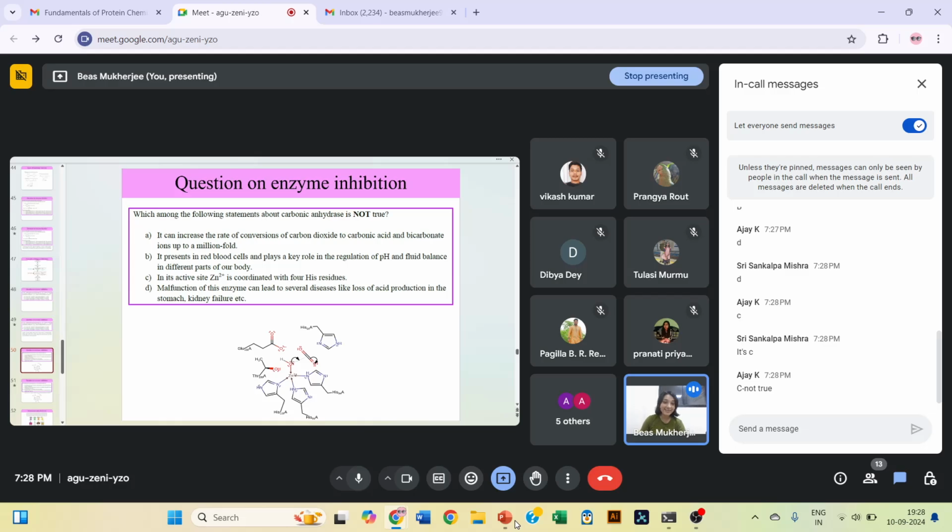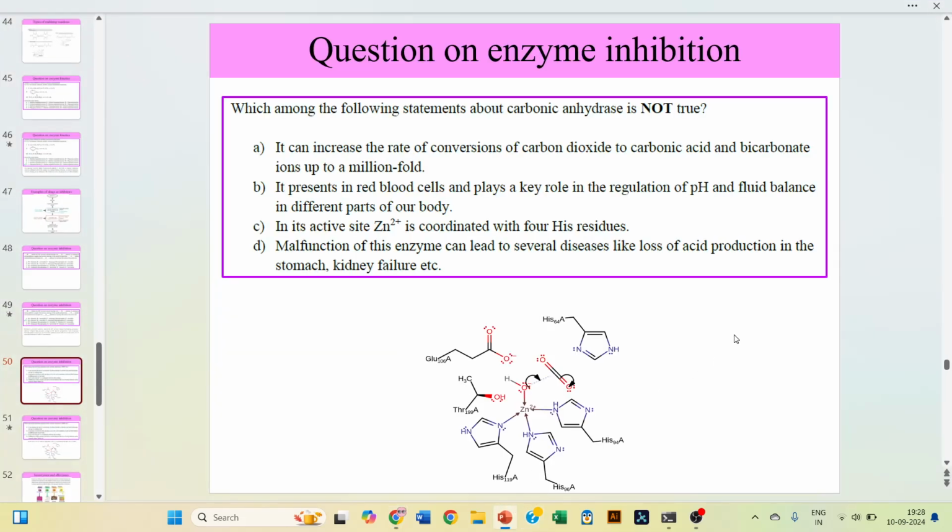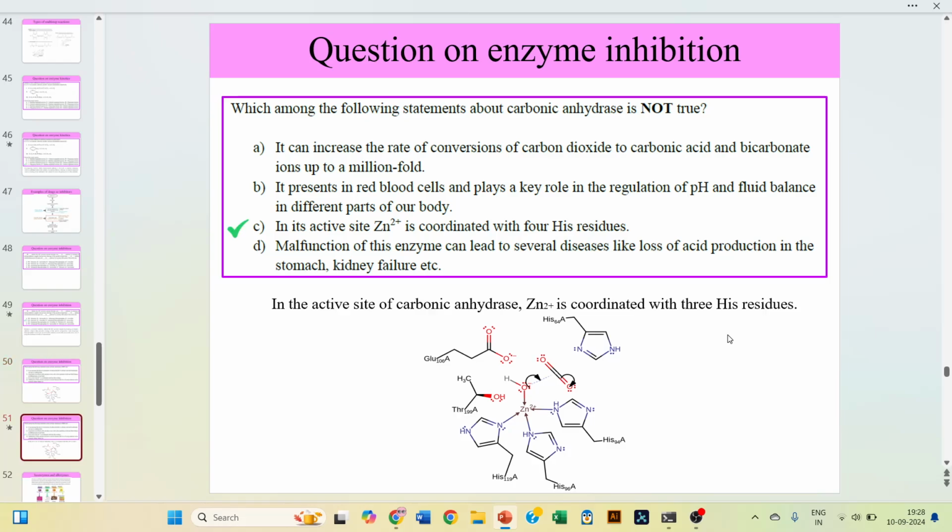The other residue that is binding is what? Yes, the right answer is C. Zinc is coordinated with 3 histidine residues and not 4.